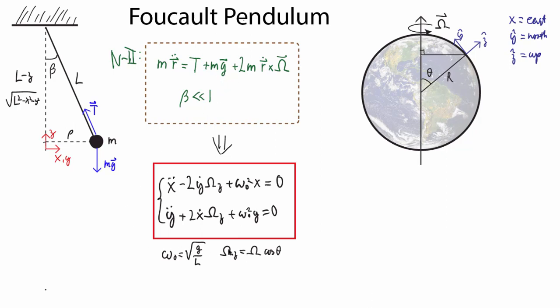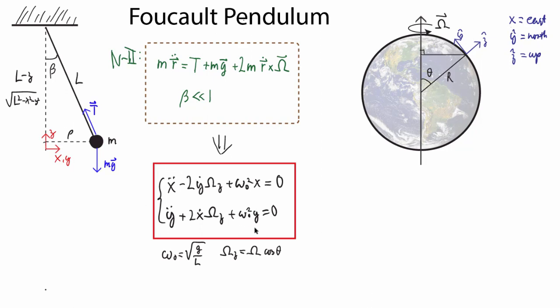We arrived at these equations of motion in x and y for the Foucault pendulum, essentially linearizing this equation with beta much less than 1. And just to remind you, z, the vertical direction here, is up, and y is towards the north, x is towards the east.